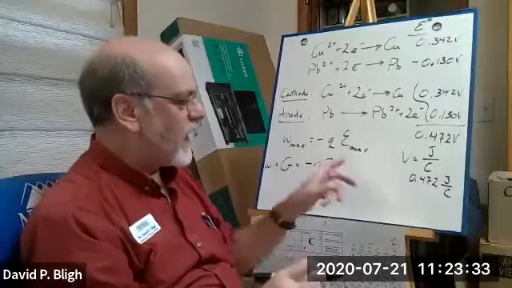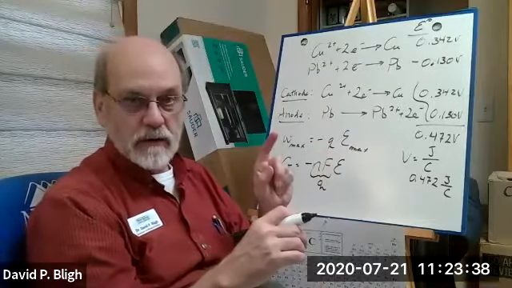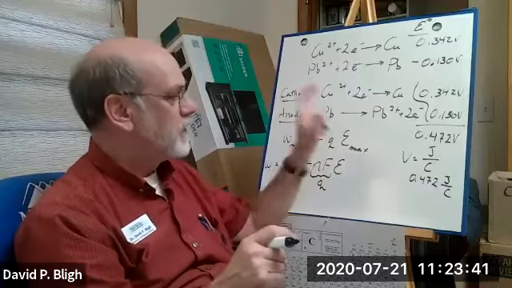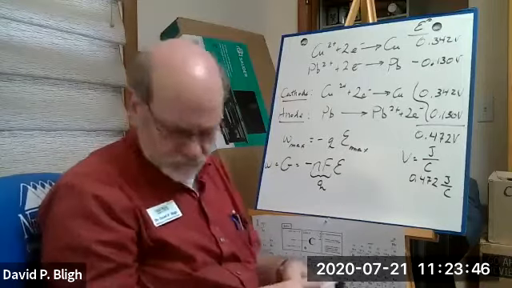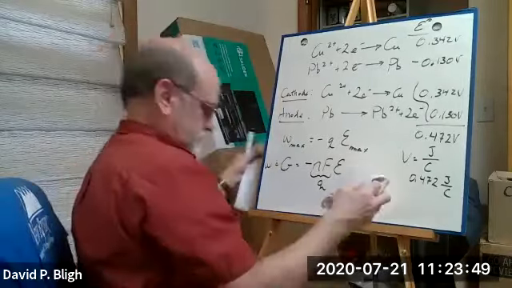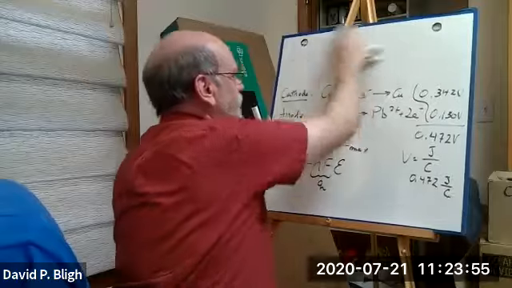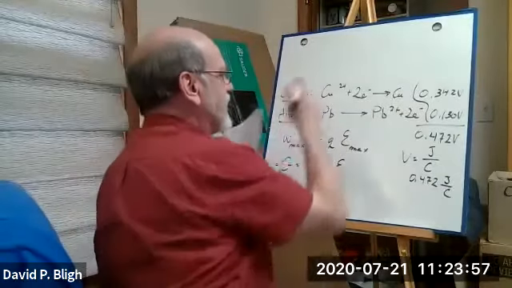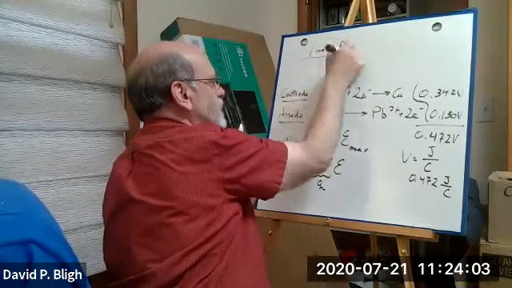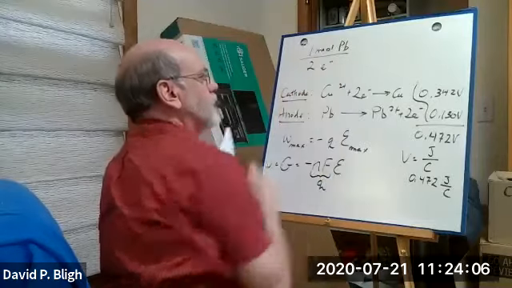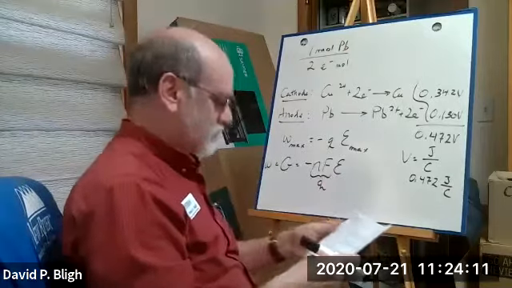What we need to determine now is how many coulombs are represented by 1 mole of lead. All right, so let me make some more room. We don't need that anymore. So 1 mole of lead is produced for every 2 moles of electrons. That's our conversion.